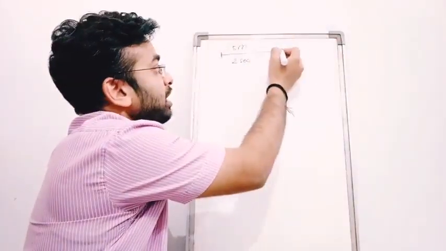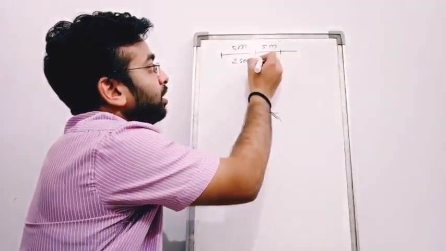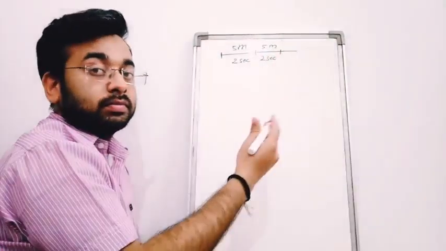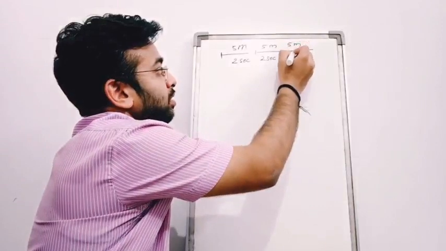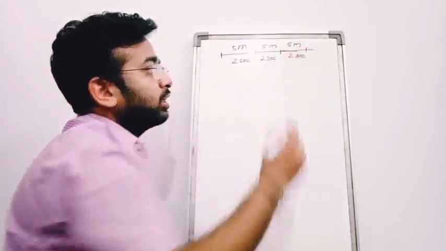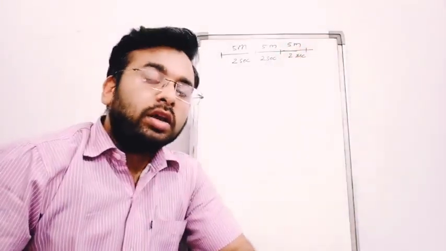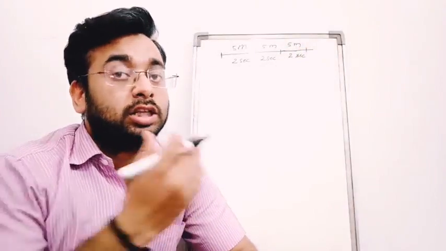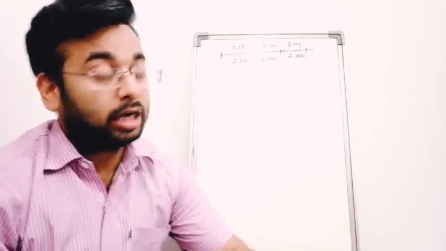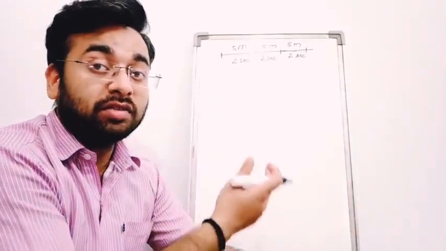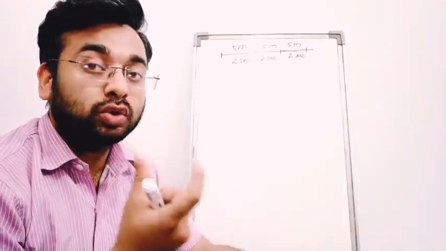Further, next again 5 meters in 2 seconds. Again 5 meters in 2 seconds. In this example you can see that this person is covering equal distance in equal interval of time. That means for every 5 meters he is covering, he is taking 2 seconds.